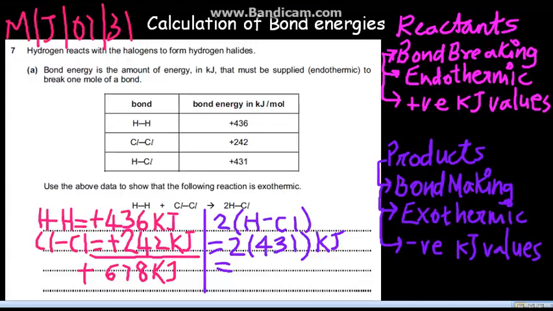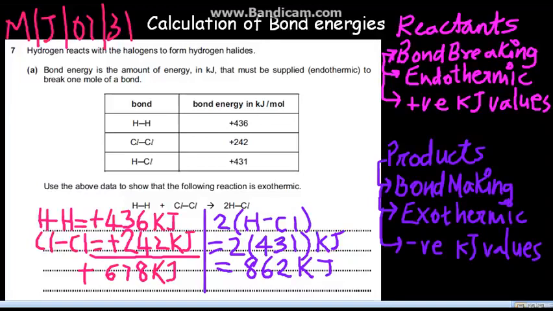So when the products are formed from 1 mole of hydrogen and 1 mole of chlorine, 2 moles of hydrogen chloride are formed. So in that case, we will have to multiply the bond energy value by 2. So we have 2 times 431, and that gives you 862 kilojoules per mole.